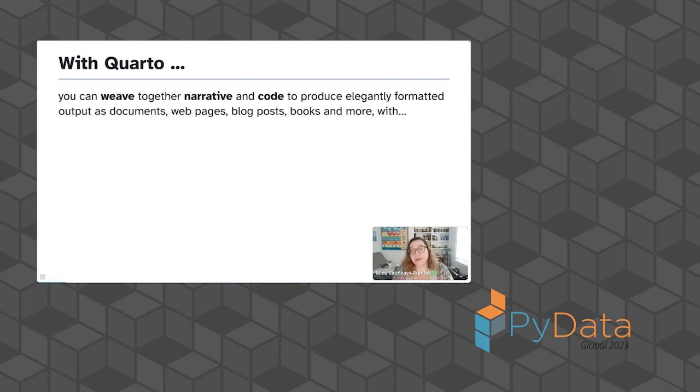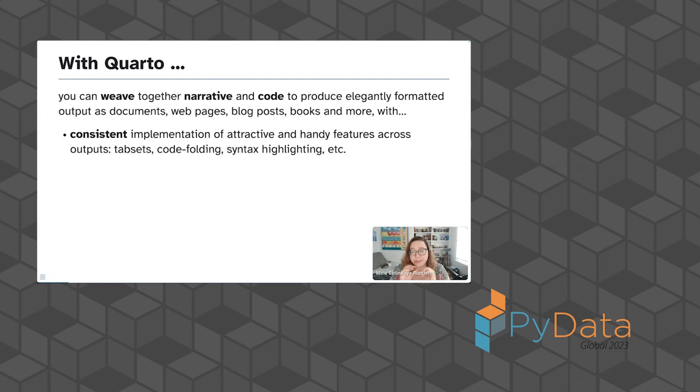And Quarto is not the only solution out there that gets you this, but some of my favorite things about Quarto is that there's a consistent implementation of what I find to be attractive and handy features across outputs. For example, the way you create tab sets in a presentation or a book is exactly the same. Code folding is available throughout.